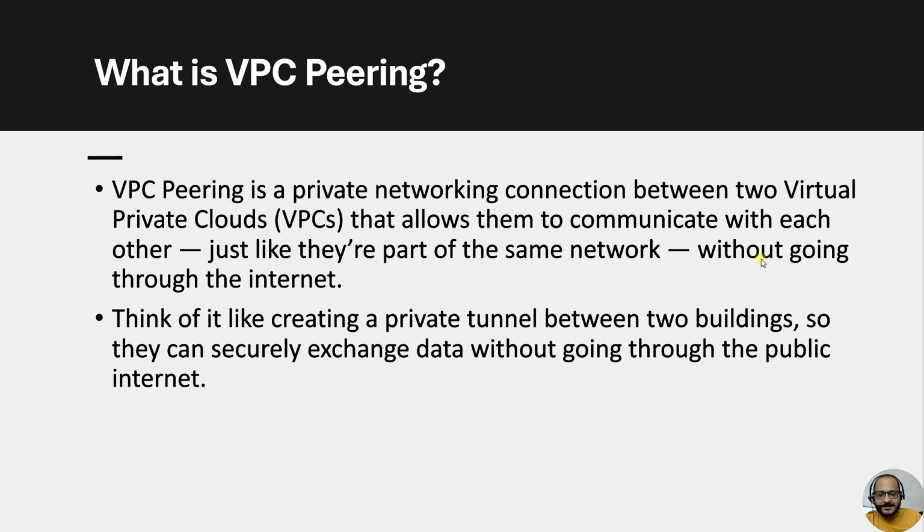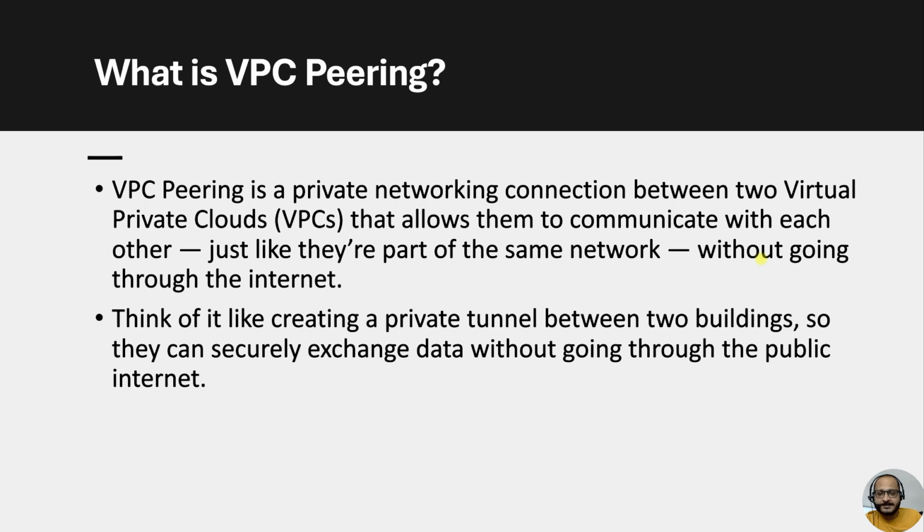So what does it mean basically? Suppose you have two virtual private clouds as part of your AWS account. In one virtual private cloud you have set up your web applications, and in another virtual private cloud you have set up your database connections. Now the application on VPC1 wants to communicate with a database on VPC2.